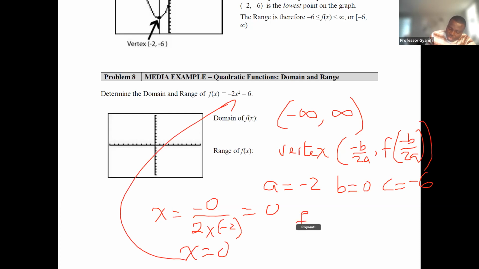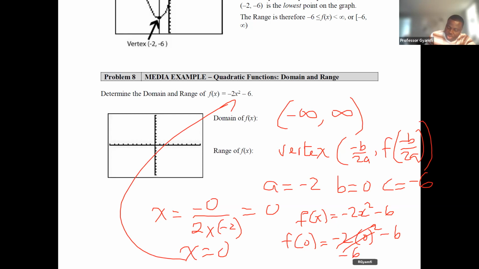So you have f of x equals negative 2x squared minus 6, f of 0 equals negative 2 times 0 squared minus 6. This goes to 0, so you have negative 6. So for my vertex, I'm going to have 0, negative 6. Wow, 0, negative 6.